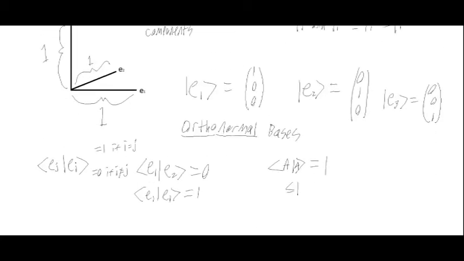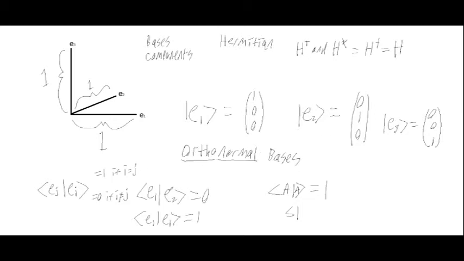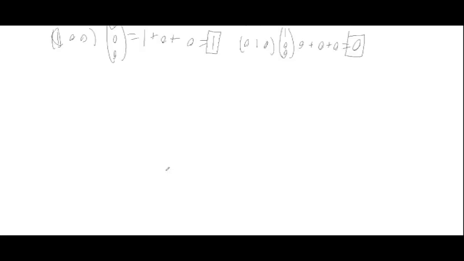And as I said, that was our definition up here of orthonormal bases, where if j and i are equal to each other, then it's 1, and if they are not equal to each other, then it is 0. Moving on, we can say that if we complex conjugate EI, then it is equal to EJ here. So if we have our ket A, we can say that it is equal to the sum over I of alpha I EI.